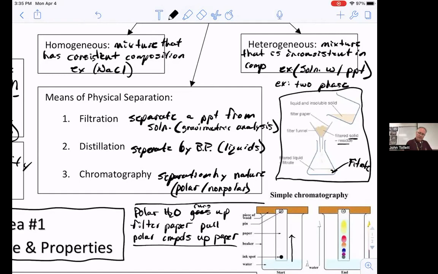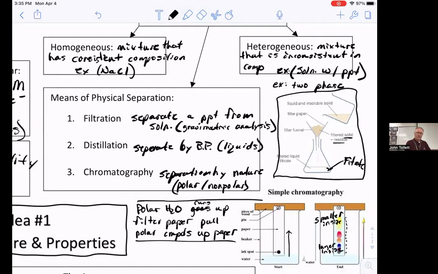The ones up here are going to be smaller in size, and these would be larger in size. It may also be a degree of polarity as well. But you can separate them by their components inside the actual mixture.